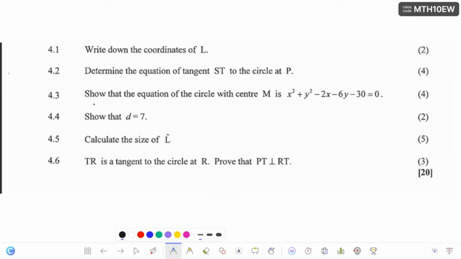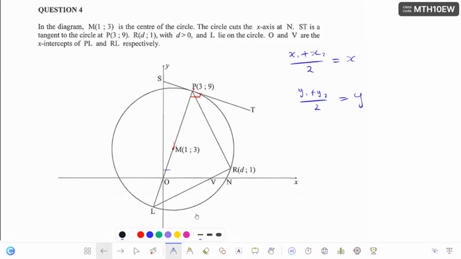Here they said show that the equation of a circle with center M is this one. So how can we show that?